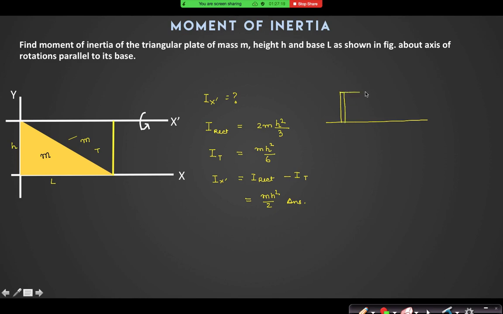If you stretch that rod, you will find the rectangle. So what is the moment of inertia of this rectangle? Total mass of the rectangle is 2m. M into h square by 3, because the moment of inertia of the rod was mh square by 3. This mass is 2m, na? Total mass now. Yes, yes.